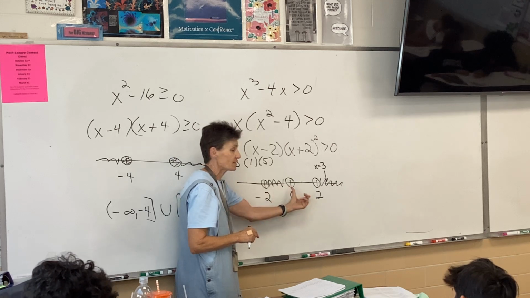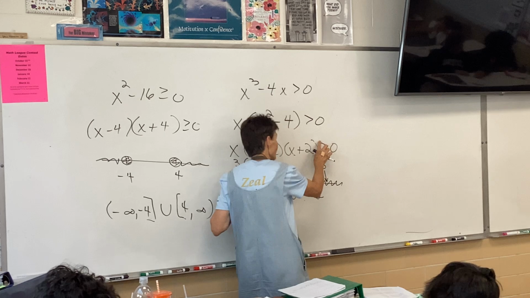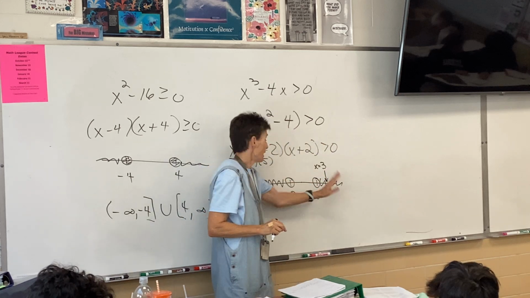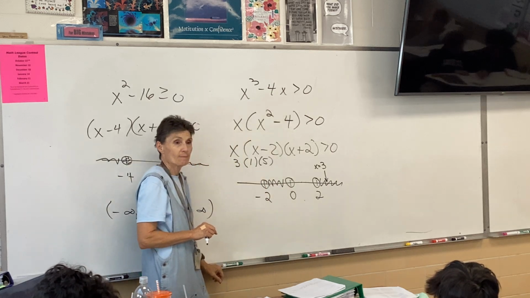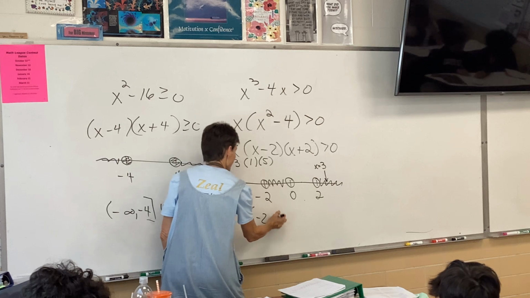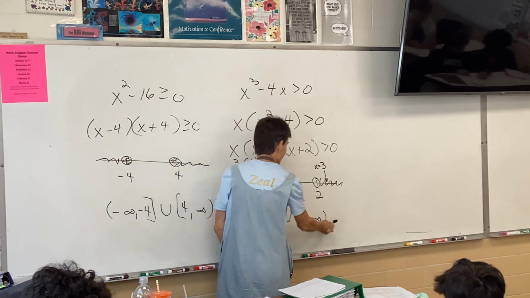You'll have consecutive sections doing the same thing. So as long as there's no power, figure out what's happening out here and then just alternate the rest of the way. Okay, so what's my answer? Negative 2 to 0 or 2 to infinity.